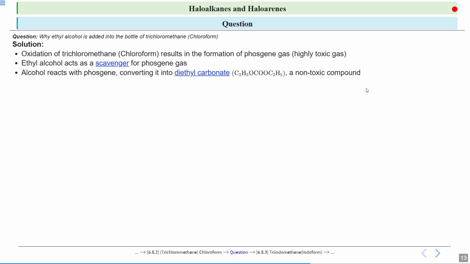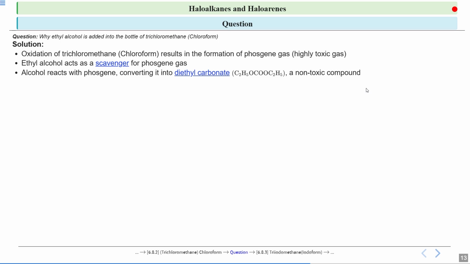Now if the phosgene gas formation takes place, we are adding ethyl alcohol to the chloroform so that the phosgene gas just formed by the oxidation of chloroform will react with the ethyl alcohol.